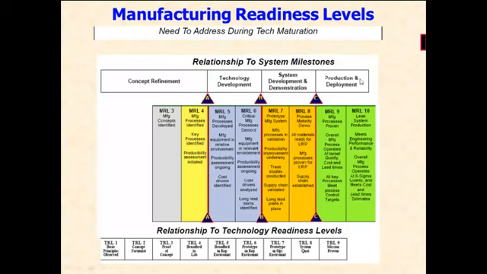These are milestones for the whole system: concept refinement, technology development, system development, and production and deployment. And down here you see the TRL 1, 2, 3, 4, 5 and the relationship of the MRL to TRL.